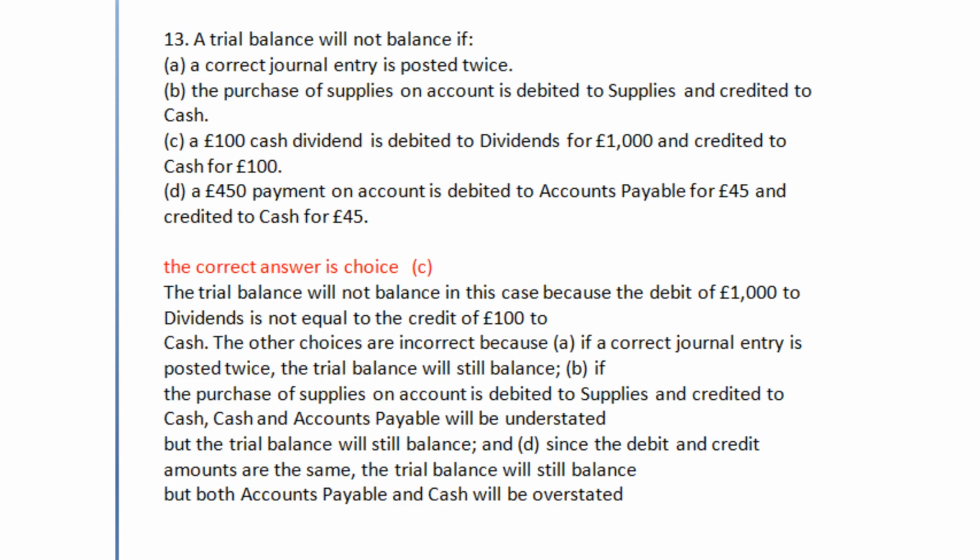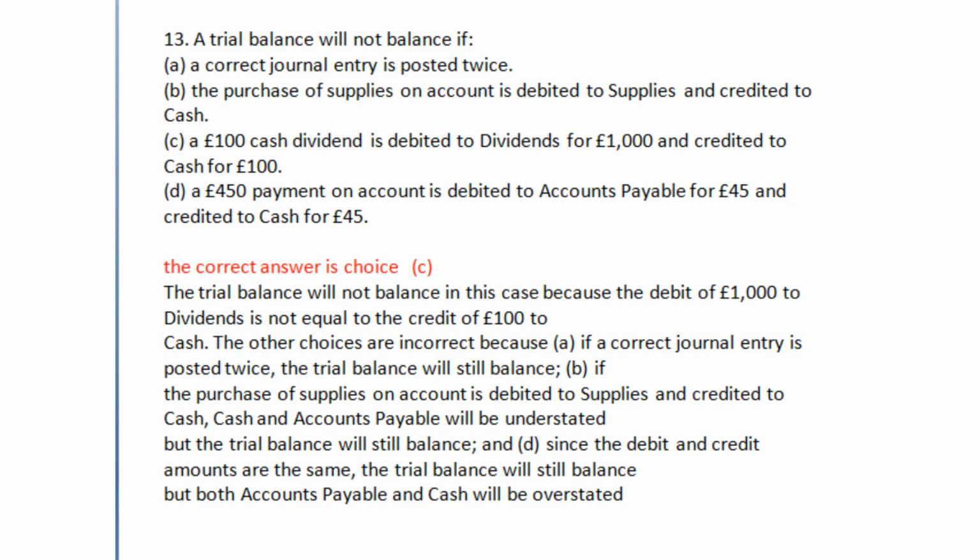C. a £100 cash dividend is debited to dividends for £1,000 and credited to cash for £100. D. a £450 payment on account is debited to accounts payable for £45 and credited to cash for £45. The correct answer is choice C.